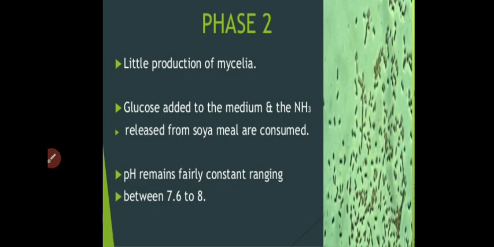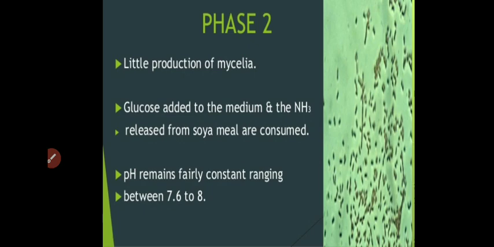In phase 2, all the glucose and the ammonium from the soya meal is consumed, and the large scale production of streptomycin is carried out. The pH of the medium remains constant during phase 2, in the range of 7.6 to 8.